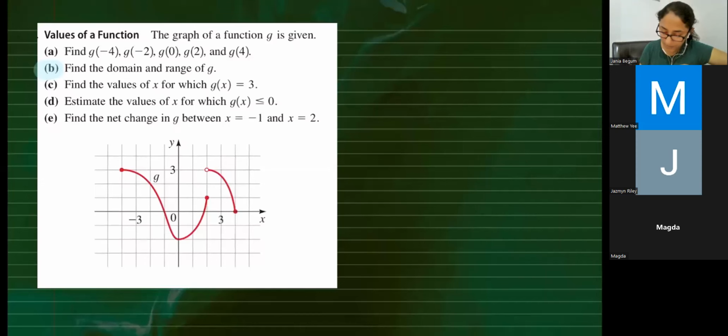Okay, so let's start with part B. By looking at this graph, what do you think will be the domain for this graph? Would it be -4 comma 2, close parentheses?